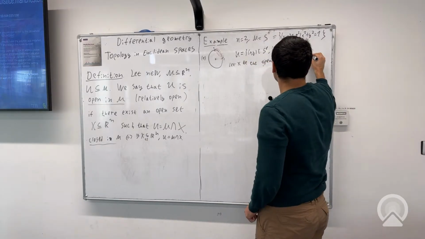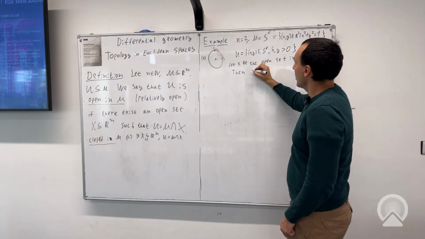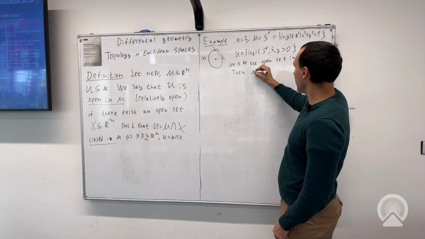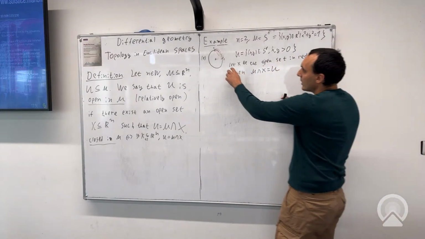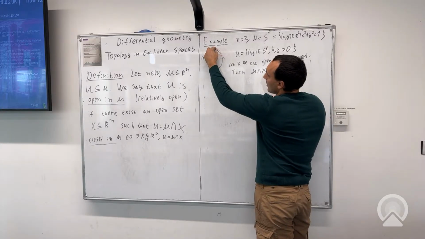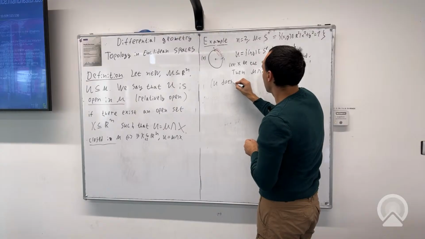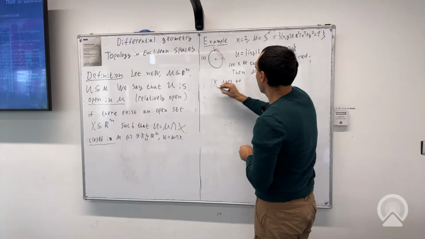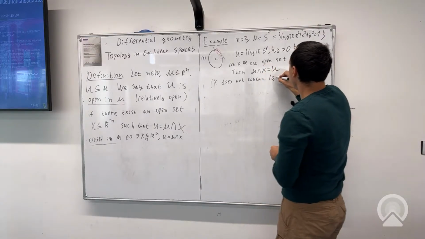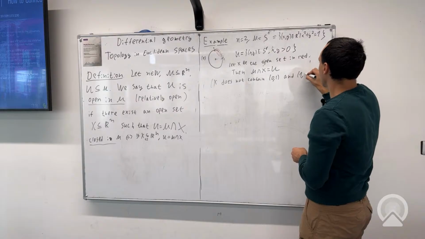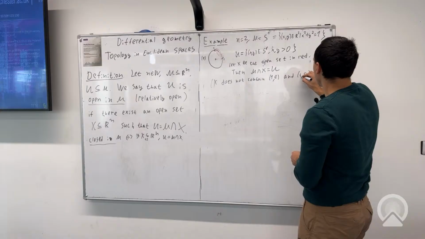Then M intersection with X is U. So it's an open set that contains all points here, but not the boundary points. So X does not contain (0, 1) and (1, 0).